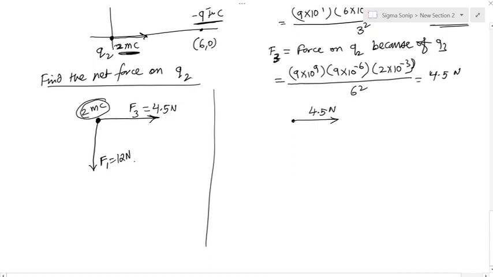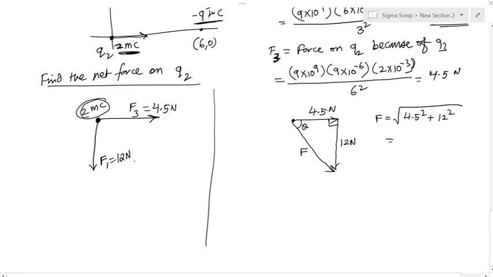Then I draw another force which is 12 Newton, and this is my net force F. Simple, and I'll need to find this angle as well. So F is equal to, just using our Pythagoras steps, familiar steps, we already know about this now, and that gives you 12.82 Newton.